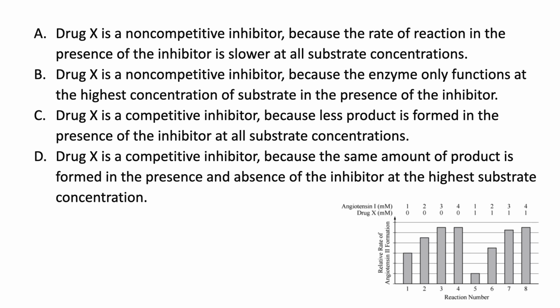C, drug X is a competitive inhibitor because less of the product is formed in the presence of the inhibitor at all substrate concentrations. And lastly, D, drug X is a competitive inhibitor because the same amount of product is formed in the presence and the absence of the inhibitor at the highest substrate concentration.